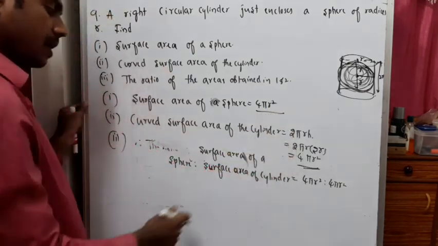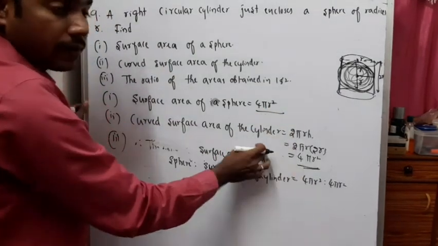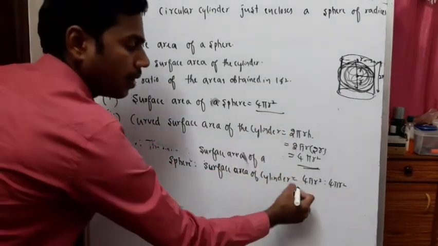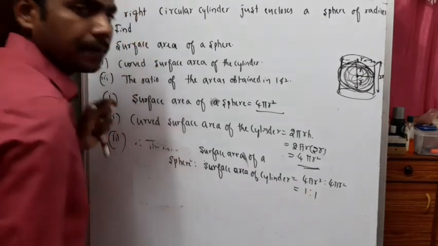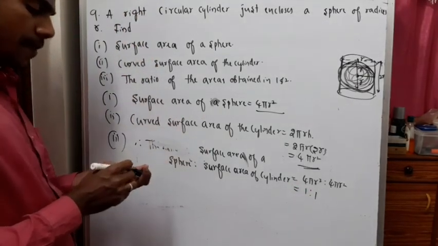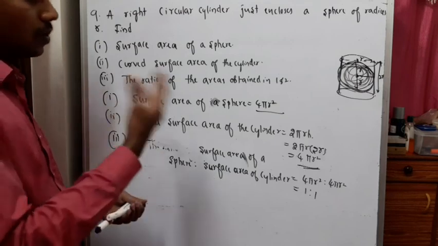Surface area of a sphere is 4 pi r square. Surface area of a cylinder is 4 pi r square, which is equal to 1 is to 1. So this concludes exercise 13.4. So please note this down. Thank you.